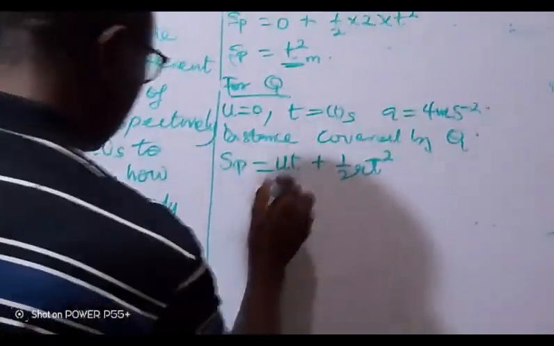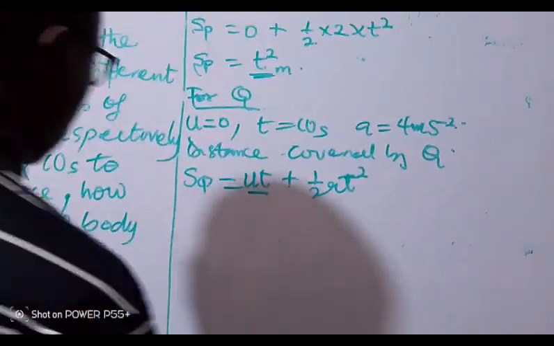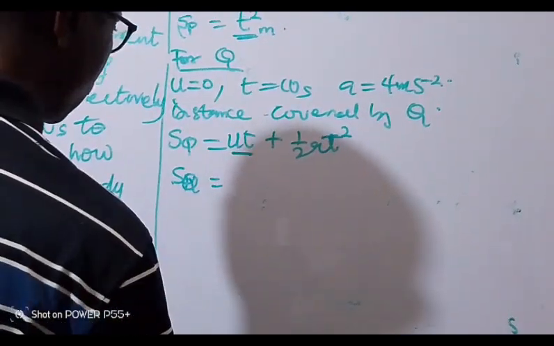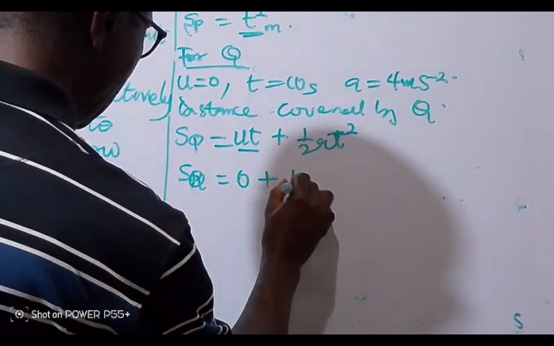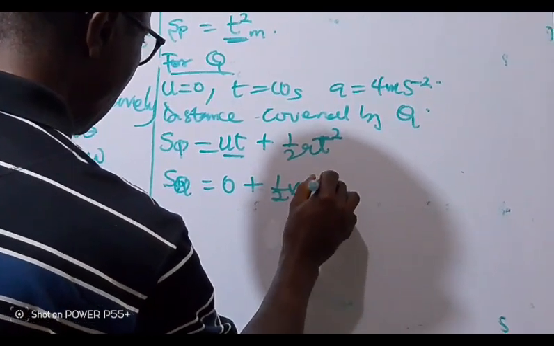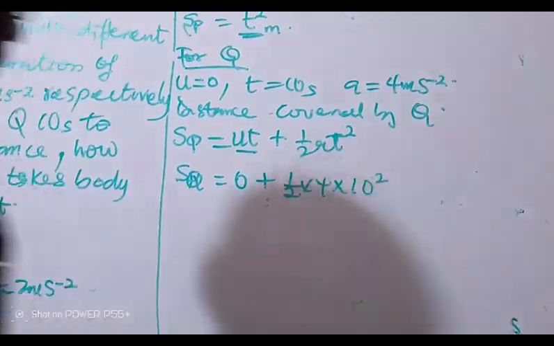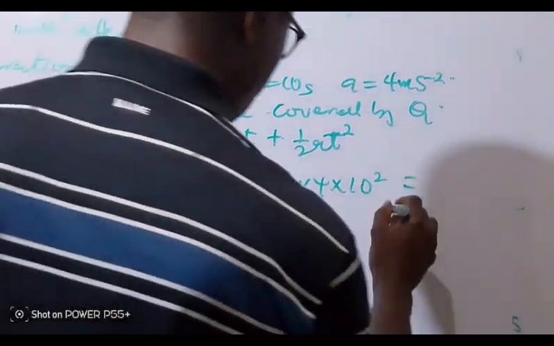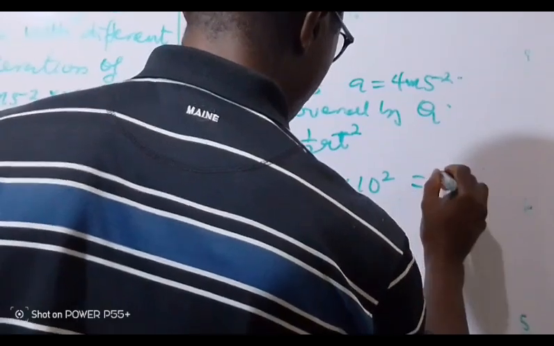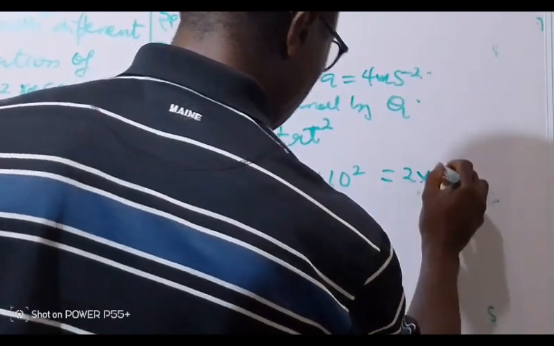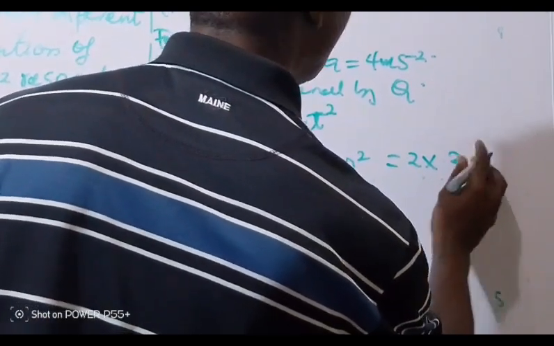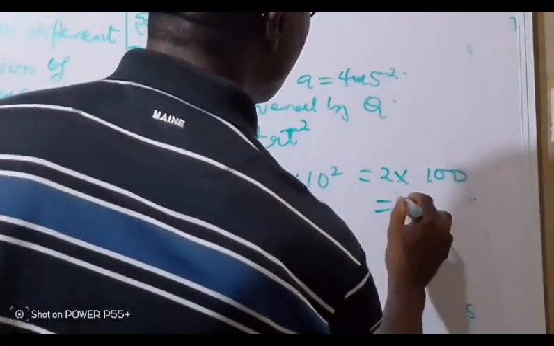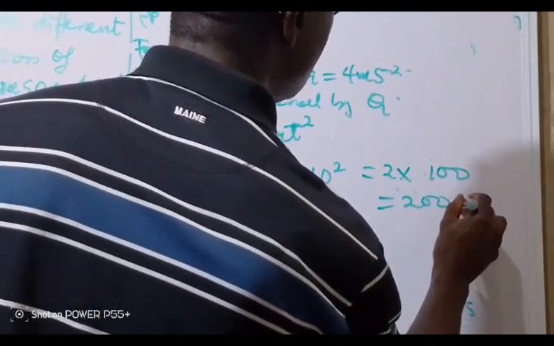Now, this time, since U is equal to 0, so you are going to have SQ will be equal to 0 plus half multiplied by 4 multiplied by 10 square. So from there now, 2 will cancel, 4 divided by 2, that's 2. 2 multiplied by 100. That's 10 square. So this one will now give us 200 meter.